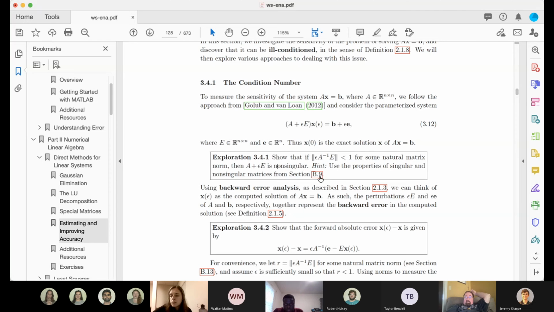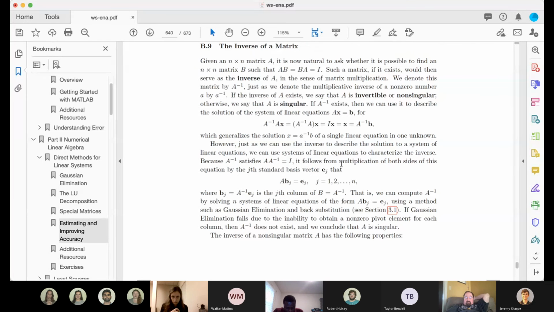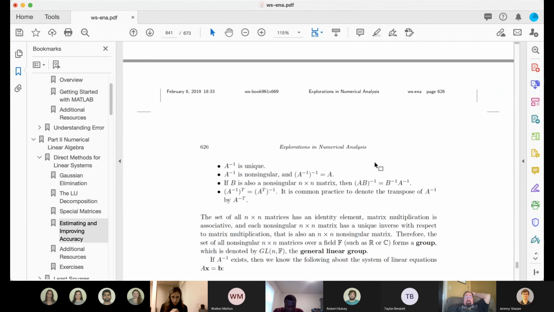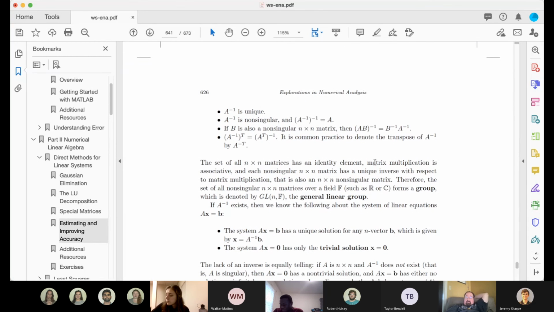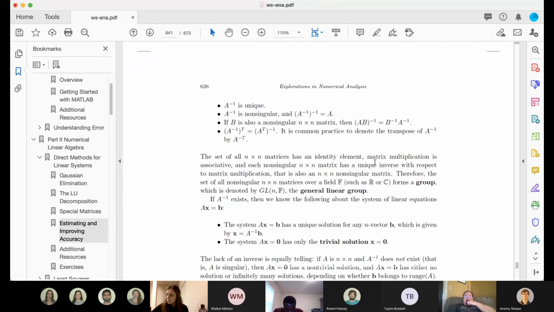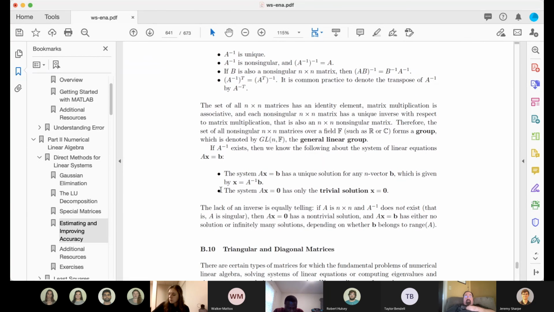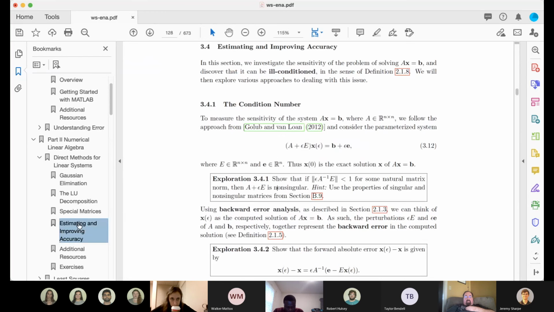So using A times B equals identity, where B is the inverse of this matrix, I tried to multiply the matrix and its inverse, and I came up with some weird formula for the inverse of A plus E. I was trying to find the inverse of A plus B when we add two matrices.